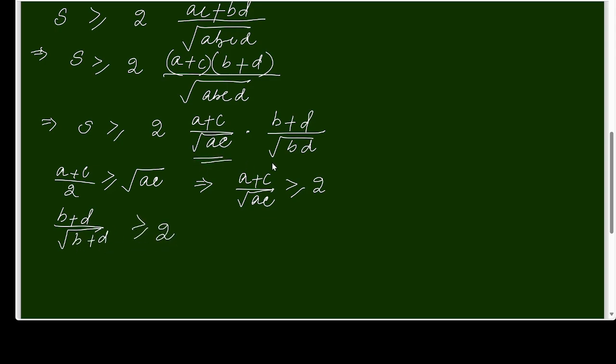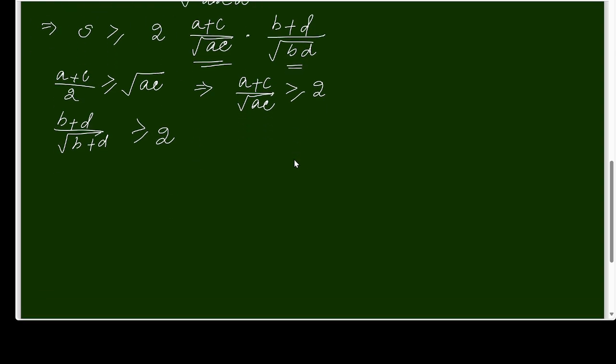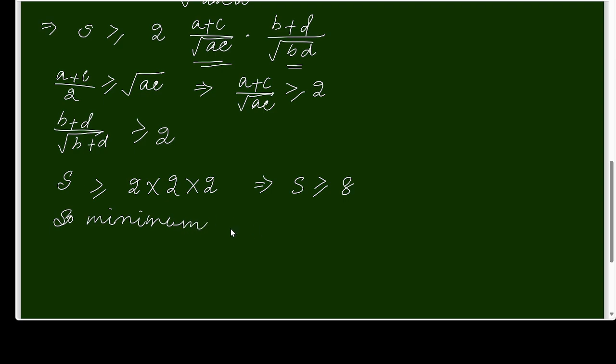Now replacing these as 2 and 2, I'll get S is greater than or equal to 2 multiplied by 2 multiplied by 2. So S is greater than or equal to 8. So the minimum value of S equals A by B plus B by C plus C by D plus D by A is 8.